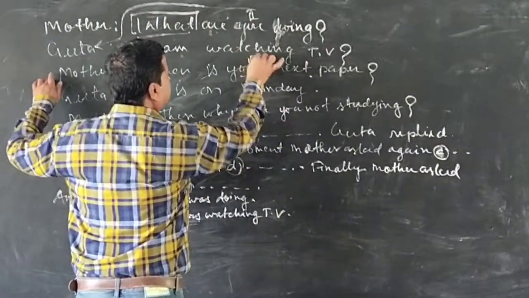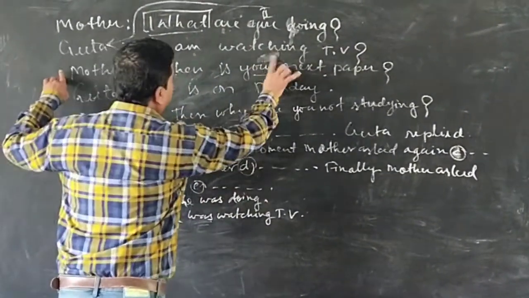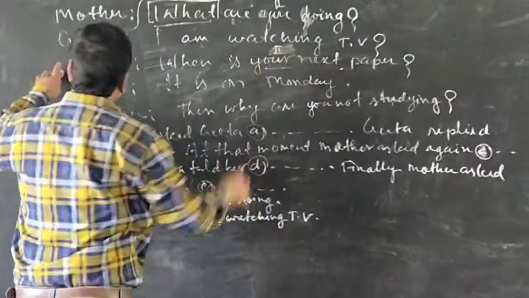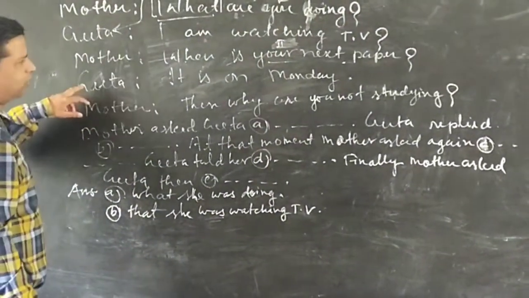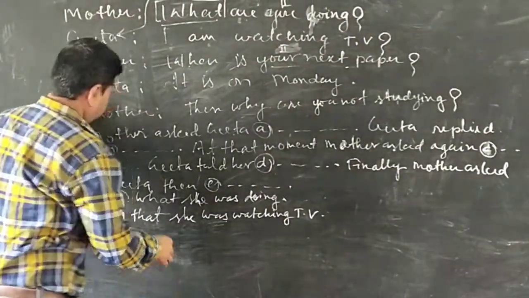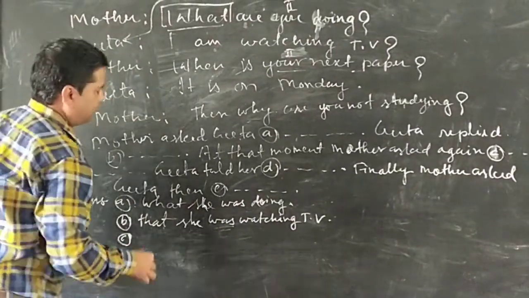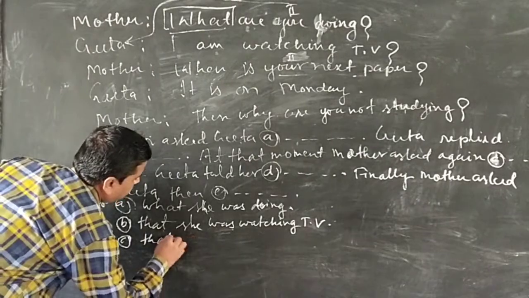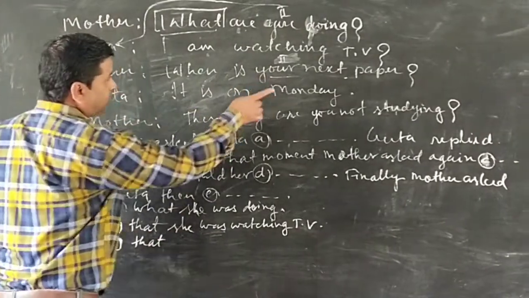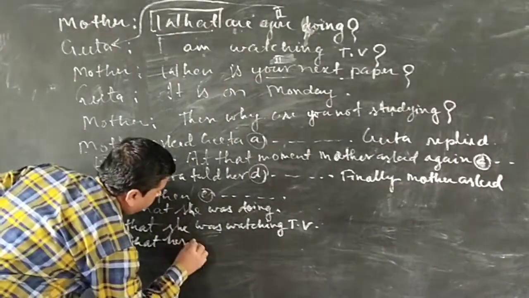Your is the possessive case and second person, which will be converted to the object. The object is Geeta. So here you will write the number and also the connector that, because your sentence is simple. Your next paper will be changed into her next paper.